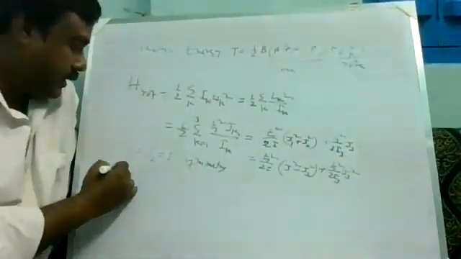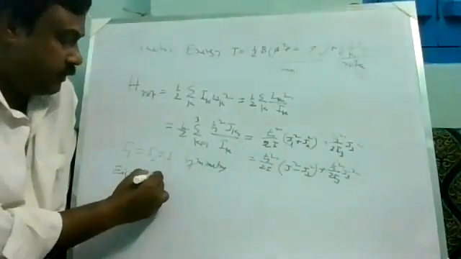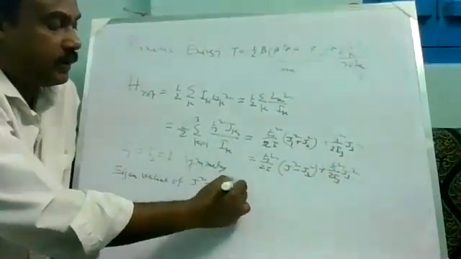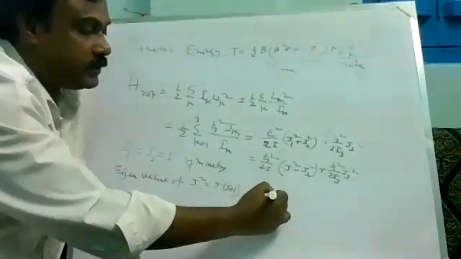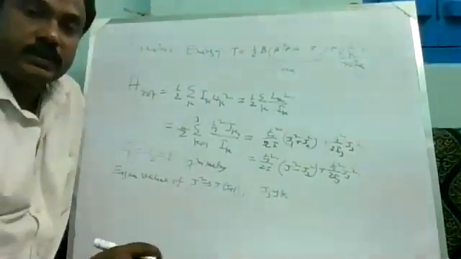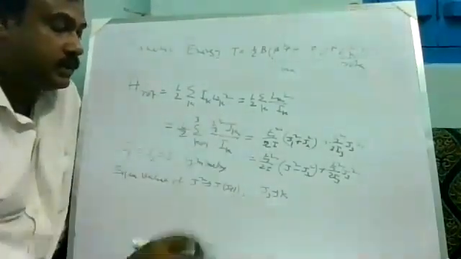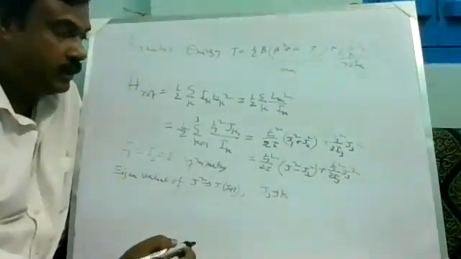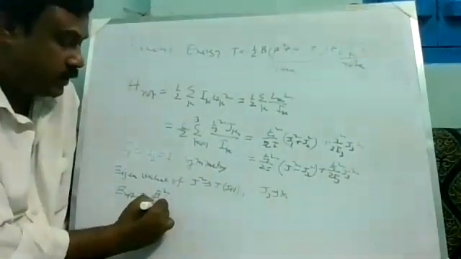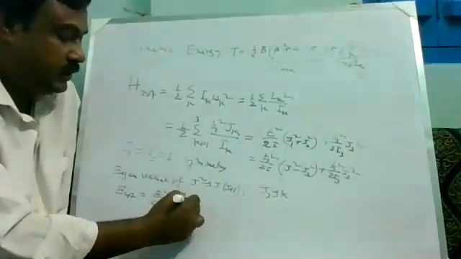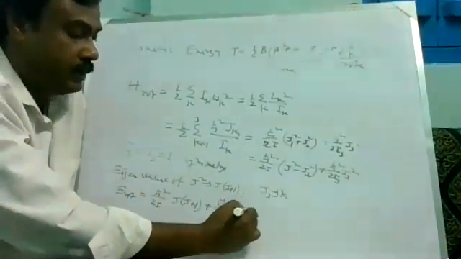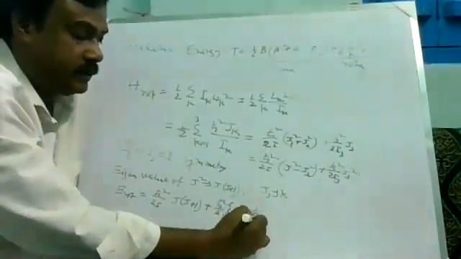Now you know the eigenvalue of J square is J into J plus 1, and that of J3 is K. If we replace this here and do a little calculation, then E rotational comes out to be h-bar square by 2I into J into J plus 1, plus h-bar square by 2 times 1 by I minus 1 by I3 into K square.